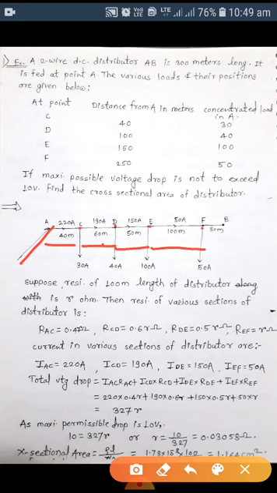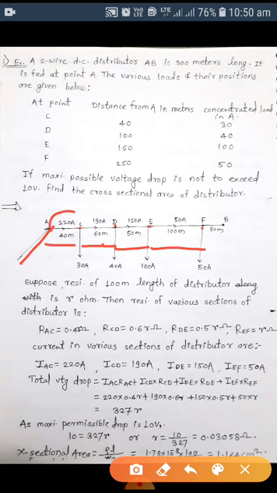So we have to find out the current in each section present in the distributor AB. In section AC we have the current 220 ampere.